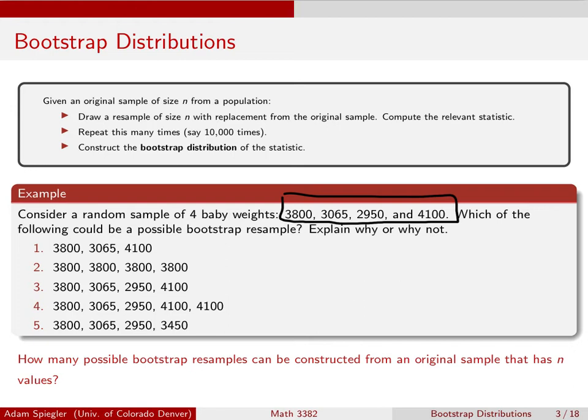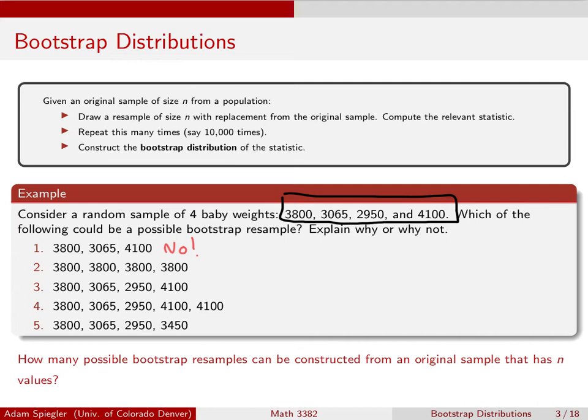And then we stopped. And so here the problem is our original sample had 4 values. This bootstrap resample only has 3. So that's a no for this one. Our sample should have the same number of values as our original sample. So 1 only has 3 values, that's no good.